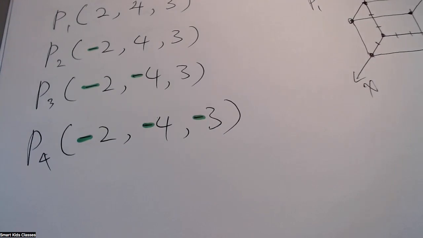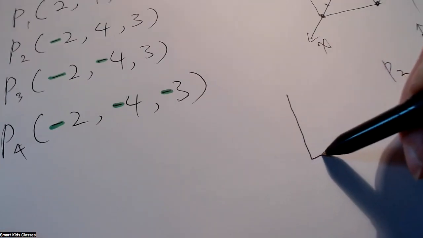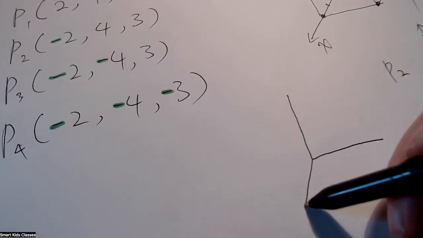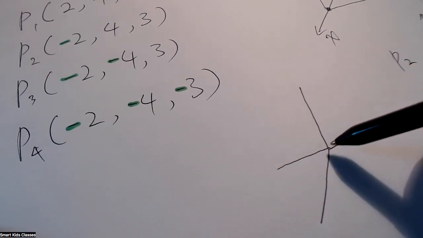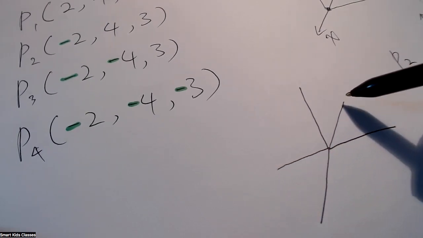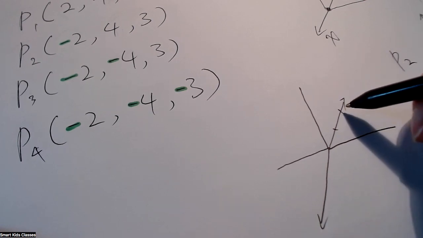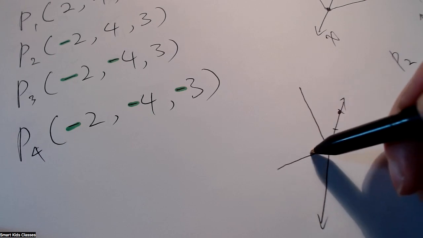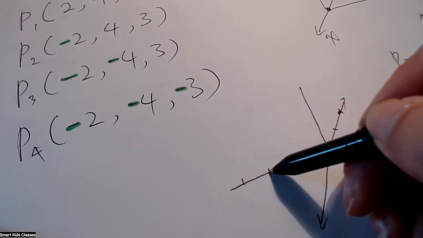P3 is negative x, negative y, positive z. Now we have a negative y, we need to extend here. We have a negative x, we extend here. So x is 1, 2 negative, y is a 4: 1, 2, 3, 4.